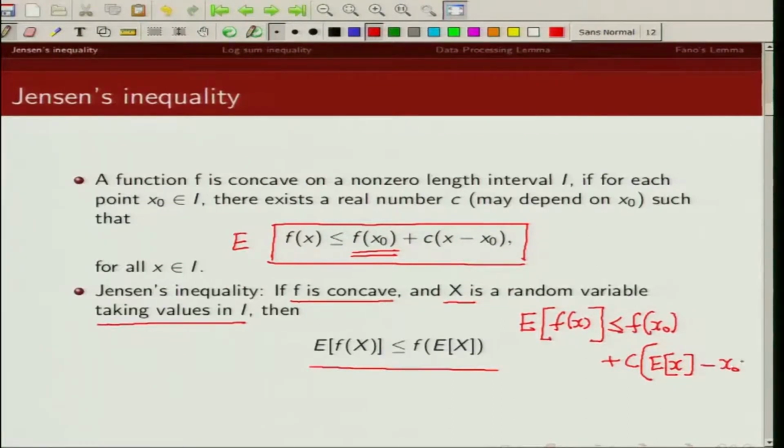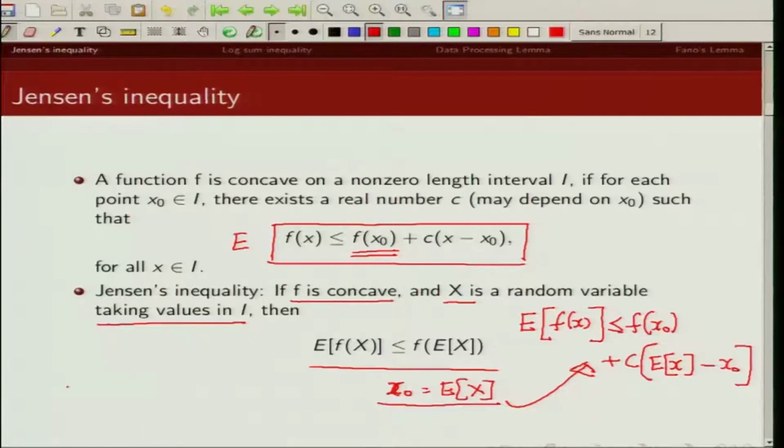If I choose this value of x0 and plug it in here, what do I get?